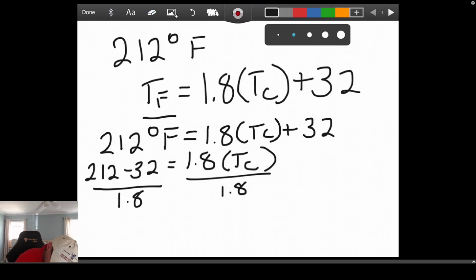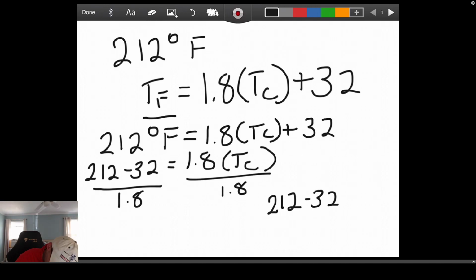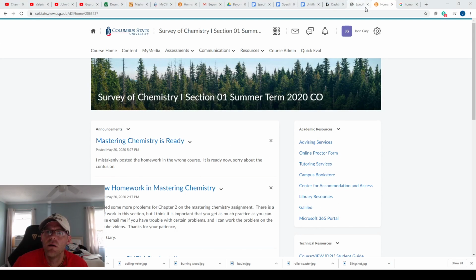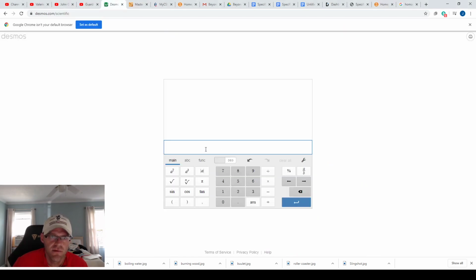Again, 212 minus 32 over 1.8 equals TC. And I'll do that on my calculator. All right, 212 minus 32.